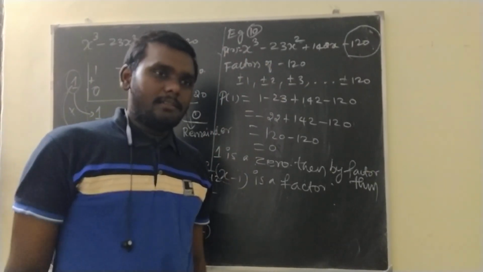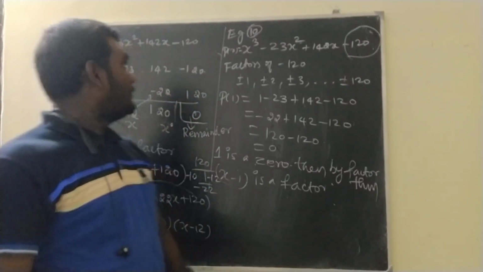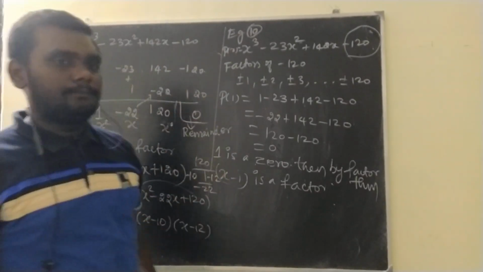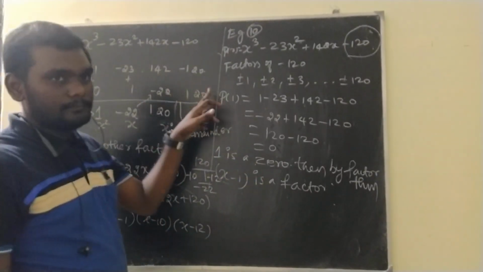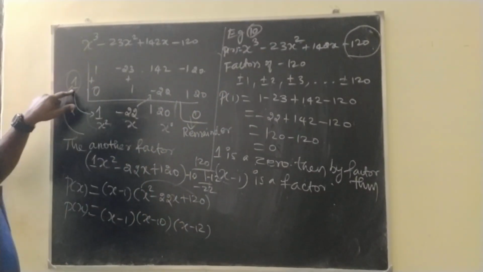If anything is absent, we put 0 as its coefficient. Suppose x is not there, then we write plus 0x, and that has to be written in the table. And 1 is a factor, so we are dividing by 1.